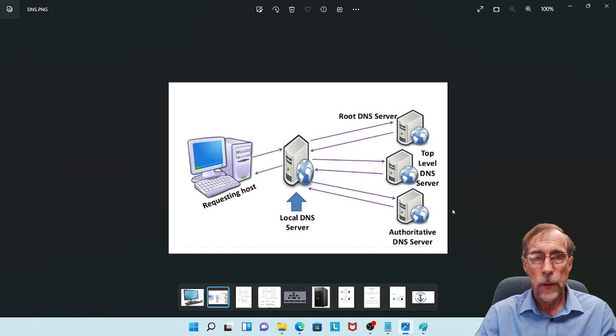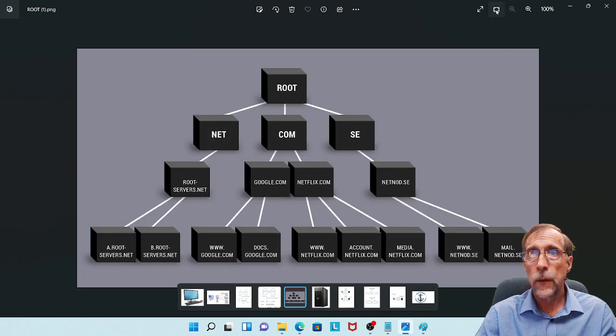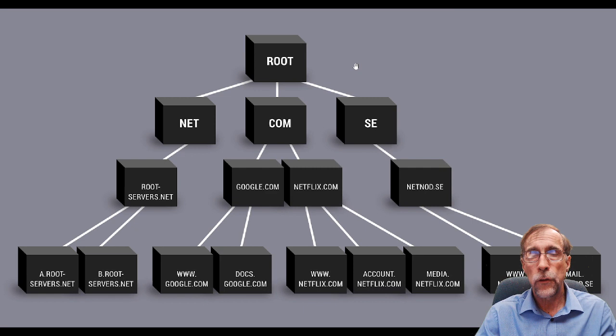But just to show the hierarchy of this, I've got another nice picture here. There we go. There's the root DNS server. Then, of course, you've got your TLDs, .net, .com, .org, etc. They're all there. And, of course, the other servers form a hierarchy under those.